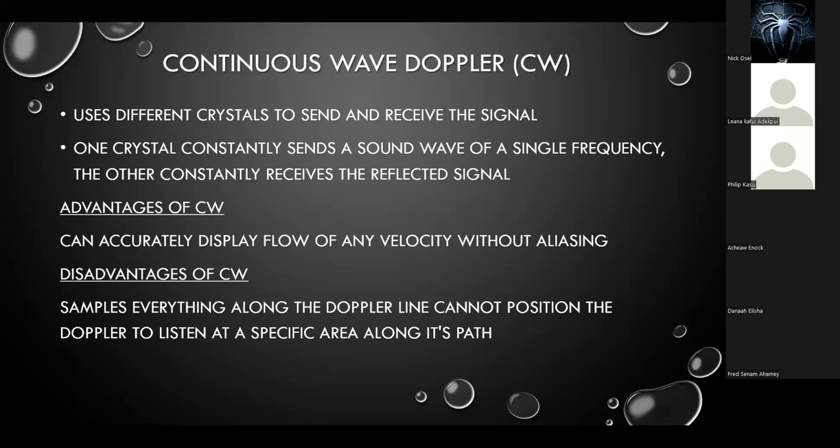Remember, A mode is largely used for measuring distances, as well as B, and M can give you some motion, but it's not accurate when it comes to measuring velocity. That is why we use continuous wave Doppler for that. Those other modes can't measure velocity as accurately because of the phenomenon we call aliasing.